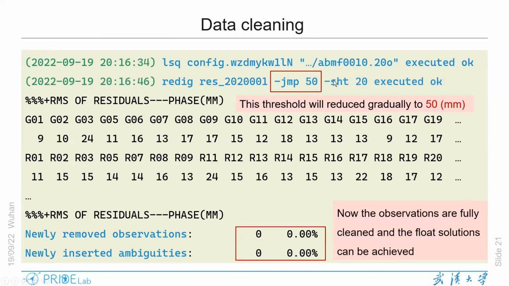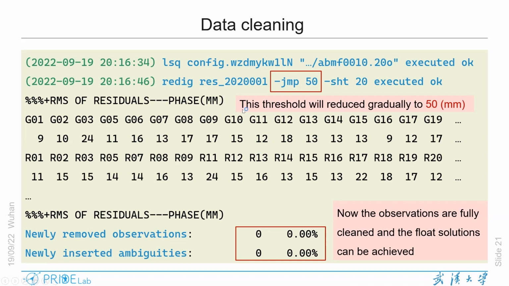This is the output from the last Vrdm. We can see the threshold here has been reduced to 15 millimeters, and there are no more observations or ambiguities changed. The RMS residuals have been reduced a lot, and most of them are around 1,000 millimeters, while the maximum one is 24 from the R11 and the G03.